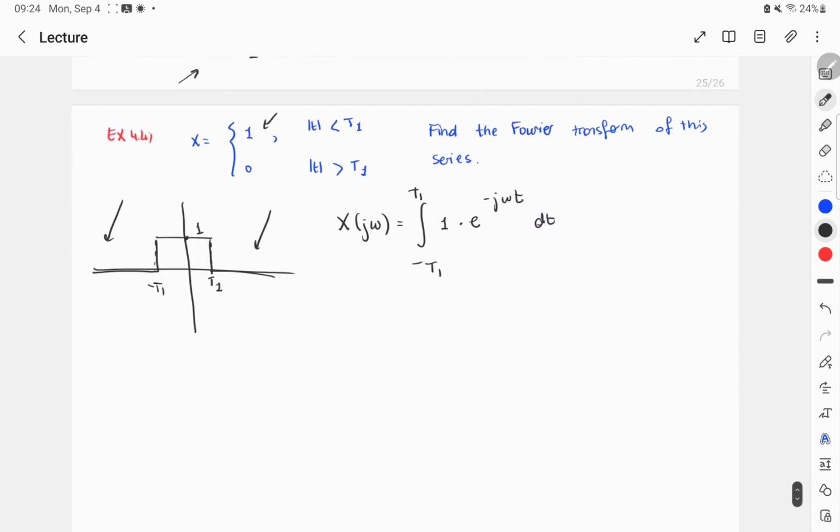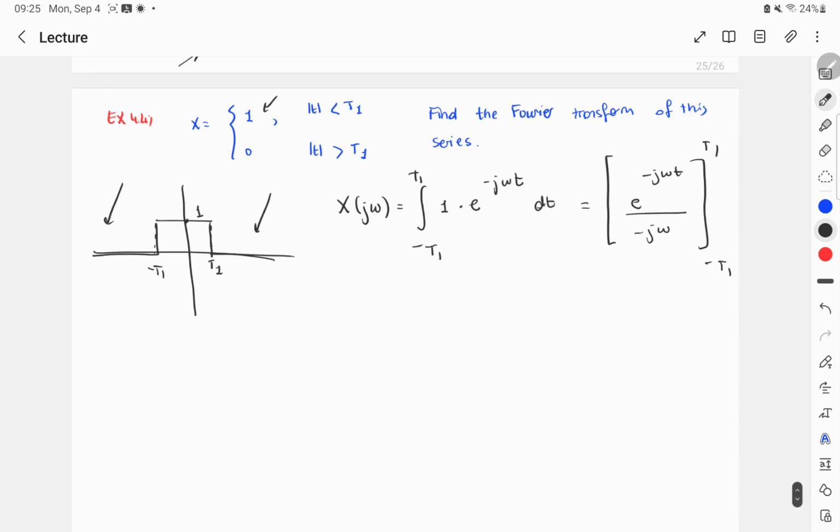And then let me take this integral. It will come out as this over minus jw, because we are integrating with respect to t, and then from minus t1 to capital T1. So expanding this, we will get this expression.